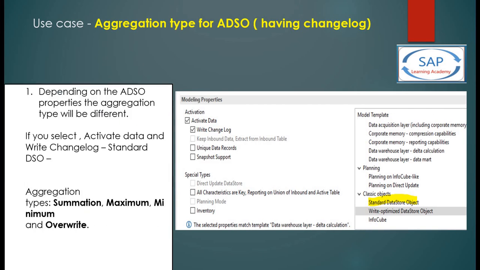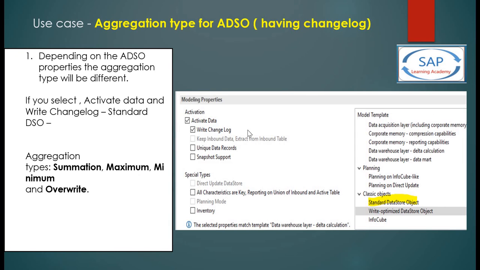Changelog enabled means you have the options for summation, maximum, minimum and override when you load data. But in the next case, where we'll be talking about the InfoCube, we will not have the option for override.